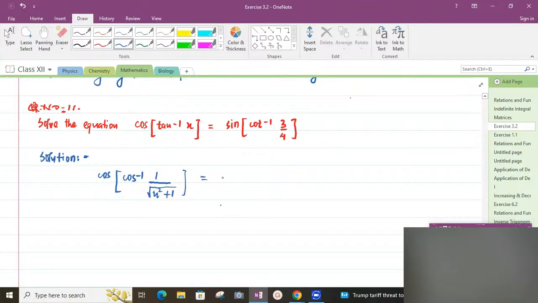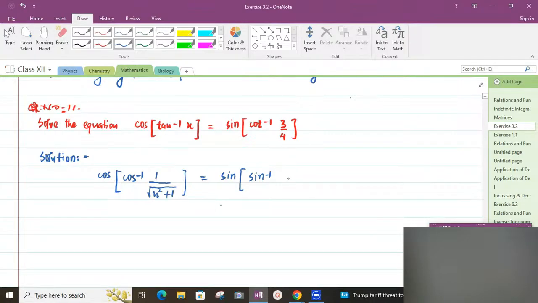Equal to, we write down here sine, and we convert cot inverse 3 by 4 into sine inverse. Then here will be sine inverse, and we know that cot theta equal to b by p, and sin theta equal to p by h.